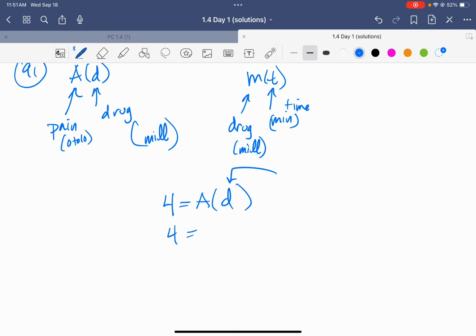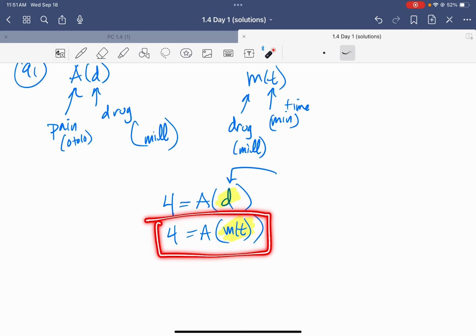But if I want to know the time, then I just replace that drug amount with M of t. And so now this is going to be an equation with only t's in it that you can solve for the time to give you a pain of 4.